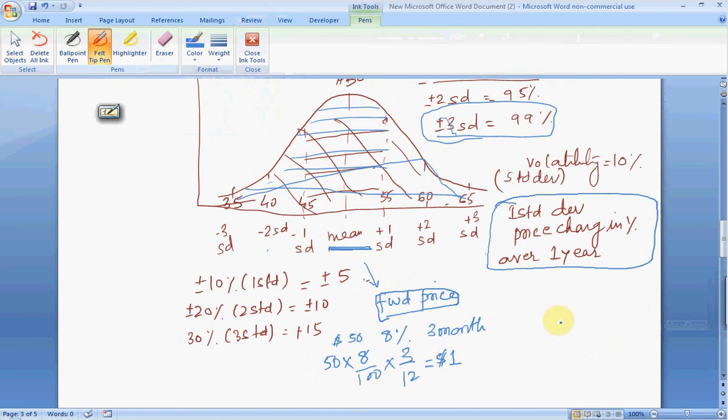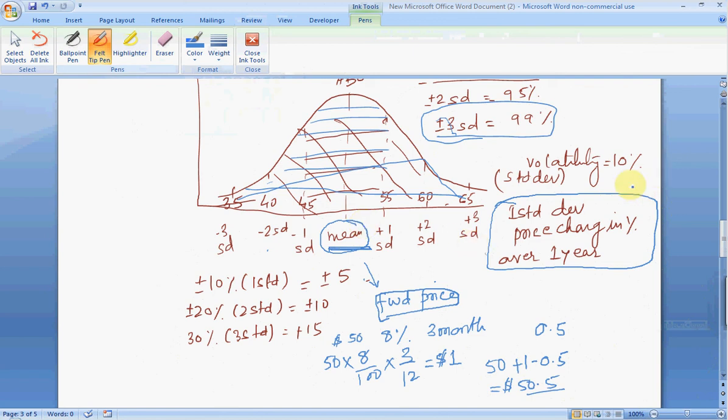Suppose after 3 months we get a dividend back of 50 cents. So the forward price would be $50 plus the money that we paid to borrow, minus the dividend that we got, so $50.5. That is the forward price after 3 months, and that is the mean of this normal distribution. This is an important thing to note.